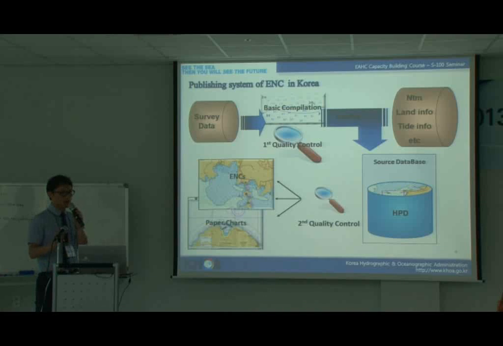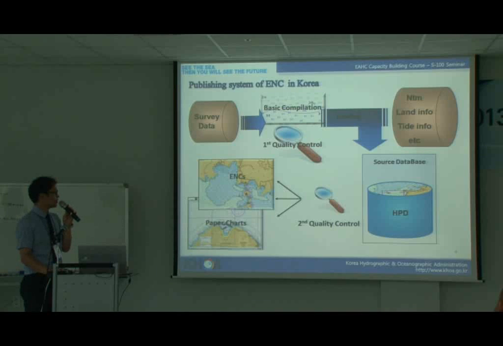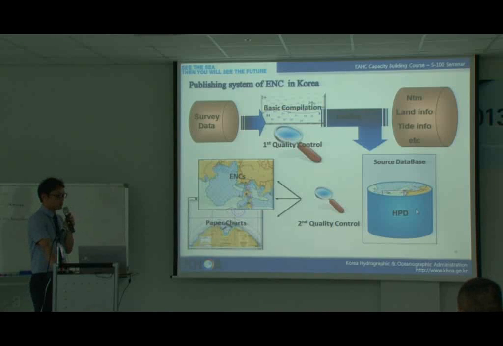So we compile sounding and contour, and then review it, and then go into our hydrographic database. In the hydrographic database HPD, we compile the chart based on the S57 data model.